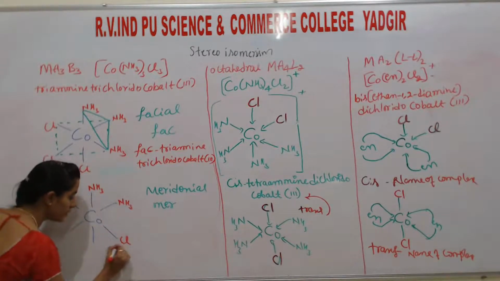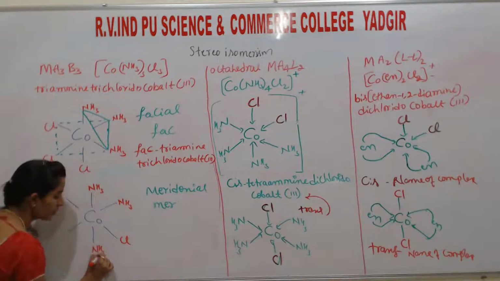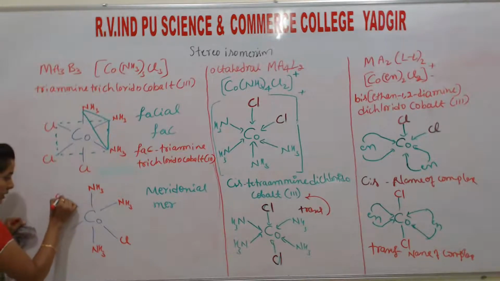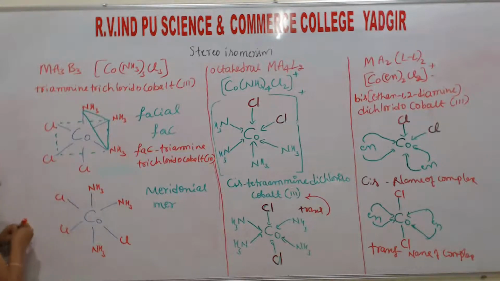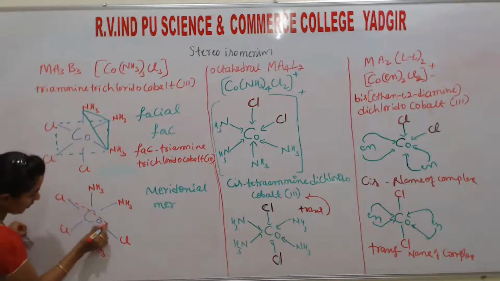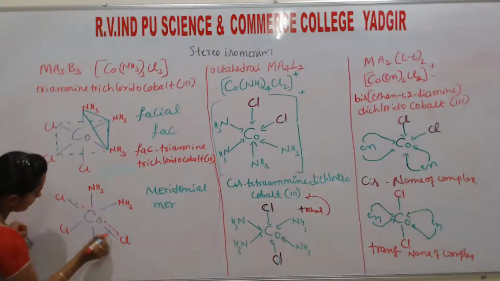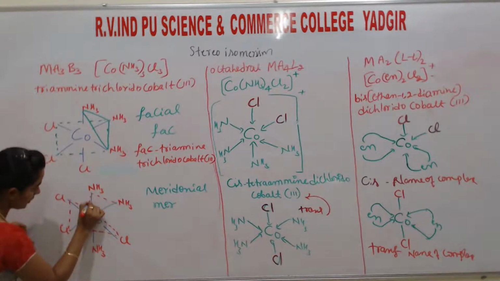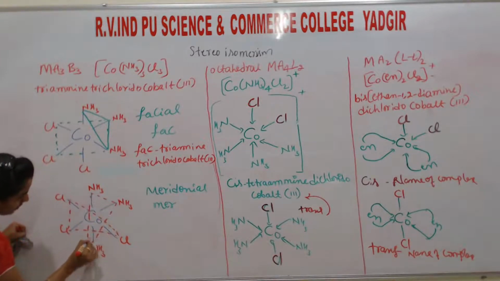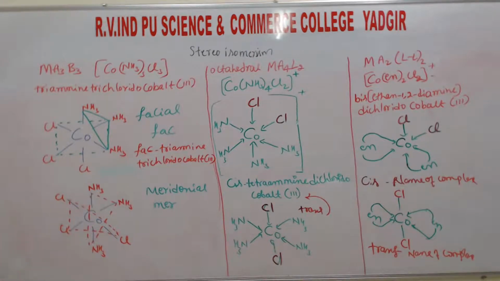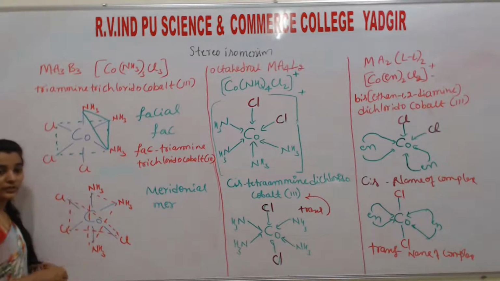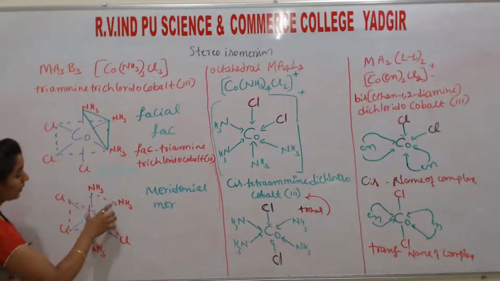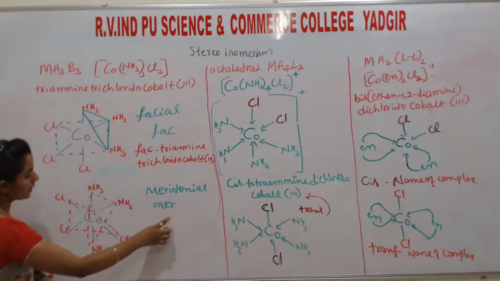One Cl comes here and NH3 is here, so the Cl are in this form. Understand? So in this type, one of the ligands is in the opposite position. That type of isomer is called a meridional isomer.